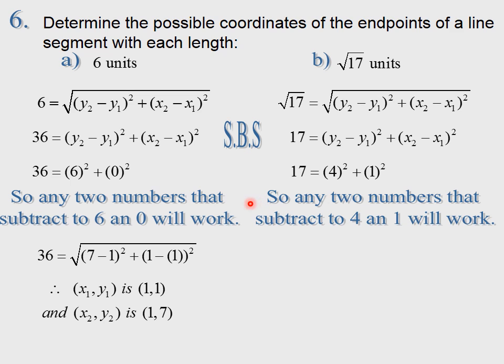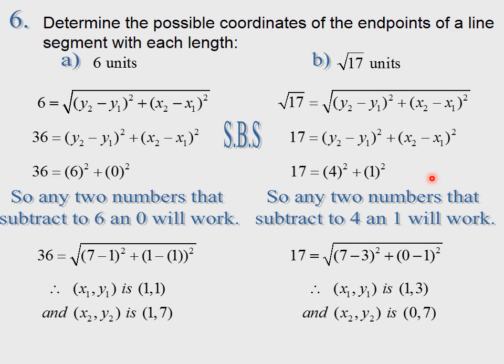Now here's where you come up with any 2 numbers that subtract to 4 and subtract to 1. You can think of lots of different things, but I came up with 7 minus 3, that gives me the 4, and 0 minus 1 gives me the 1. Well, gives me negative 1, but that's fine because it's squared anyway.